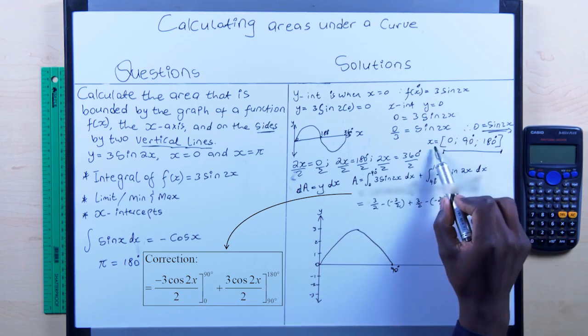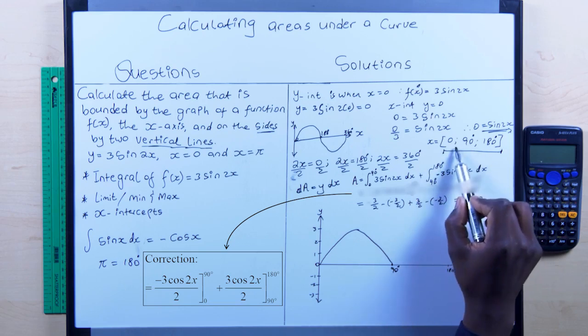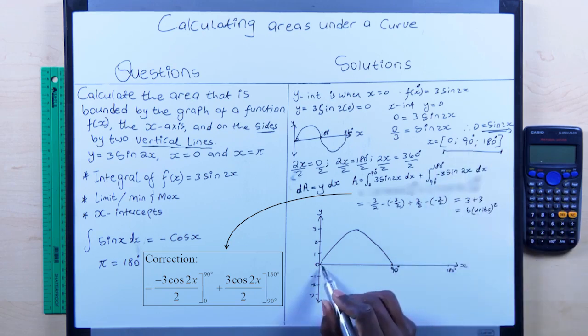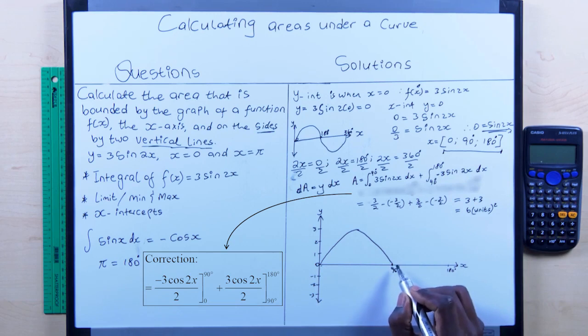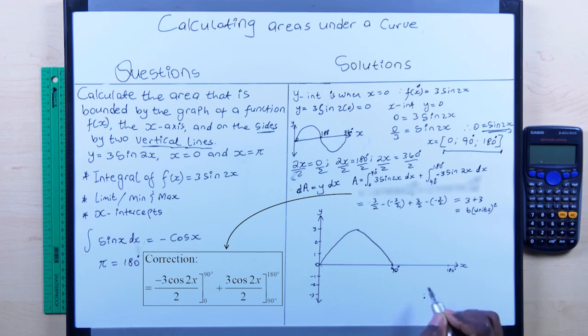So we've done this first boundary. Here are our intercepts. Then it has to turn around here, turn here, come back and stop here. A complete full period of a sine function.